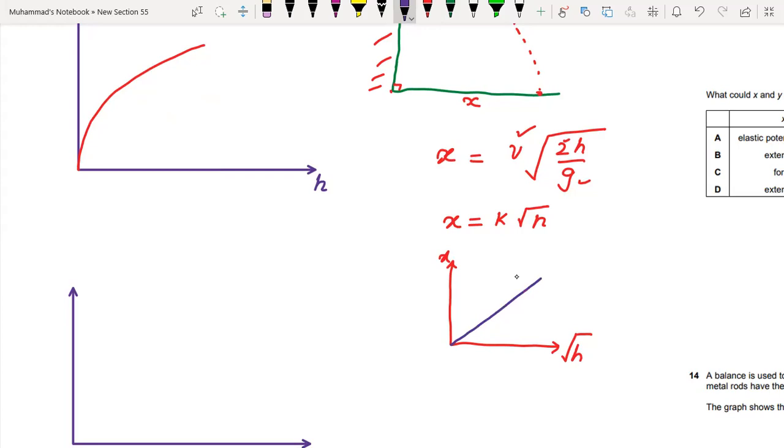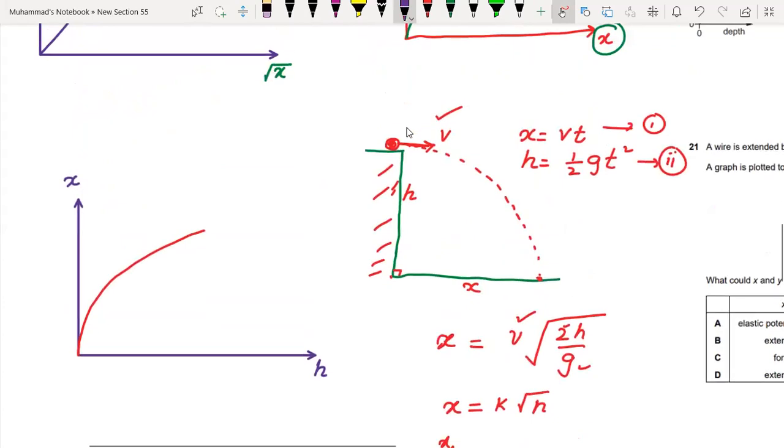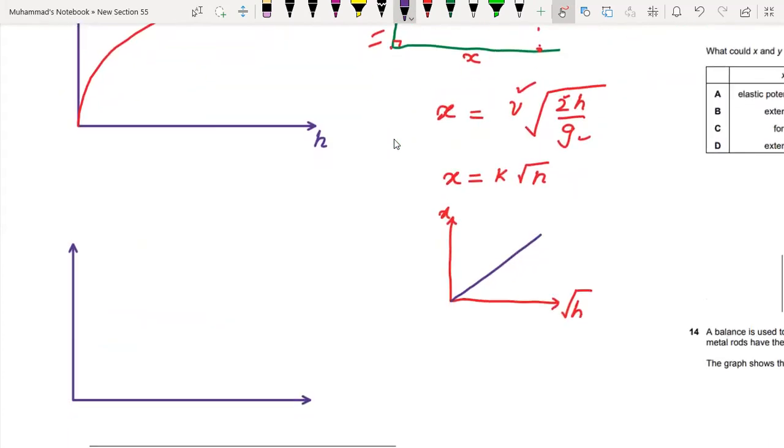Okay. But on the other hand, if you have to determine the relationship between v and x, you are keeping the height constant. And if you are throwing this object with different initial velocities, what are you doing? You are changing initial velocity v and keeping h constant, then x is directly proportional to v.